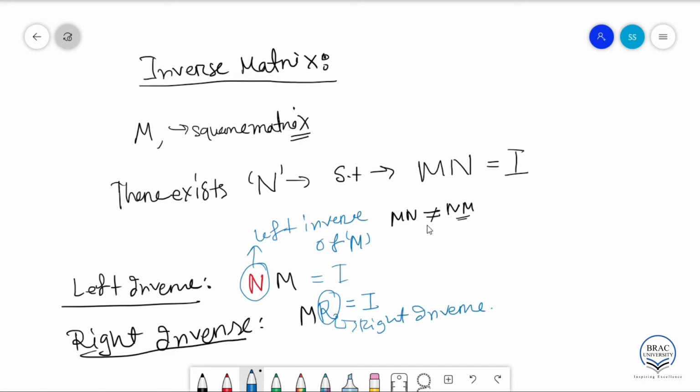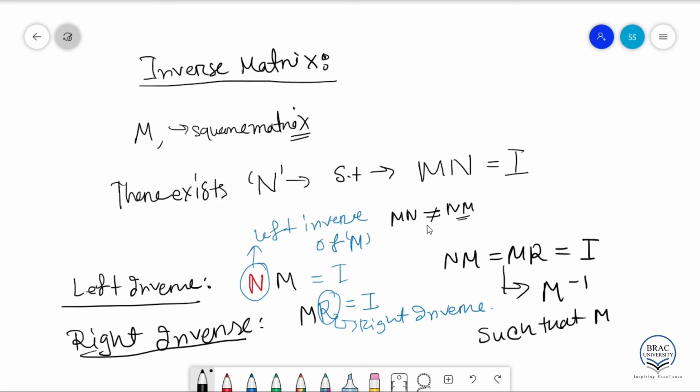Now a matrix M can have different left and right inverses, but if there exists such N equal to R such that NM equals MR equals the identity, then we say this corresponds to some M inverse such that M inverse M equals M M inverse equals the identity.